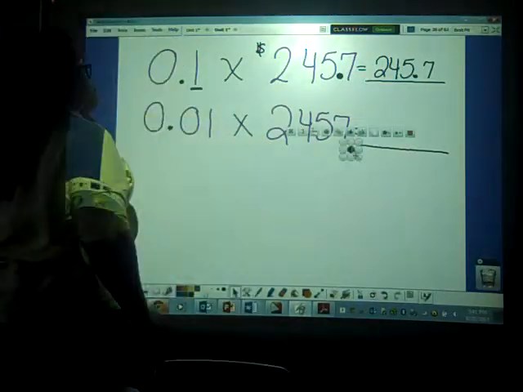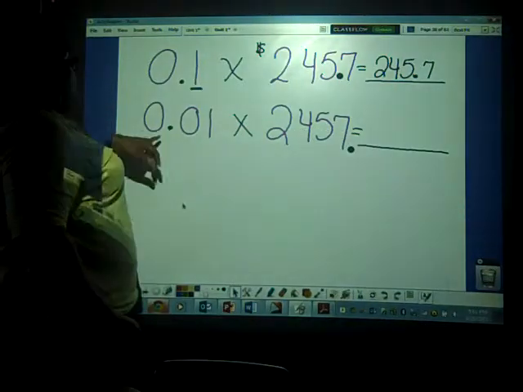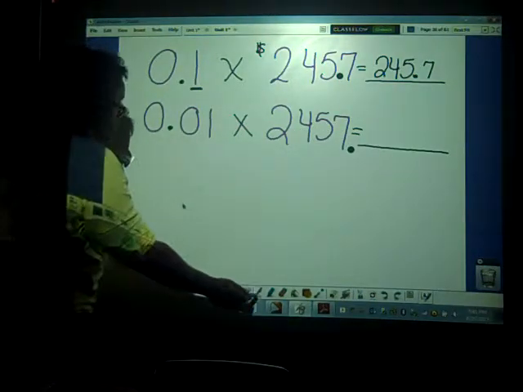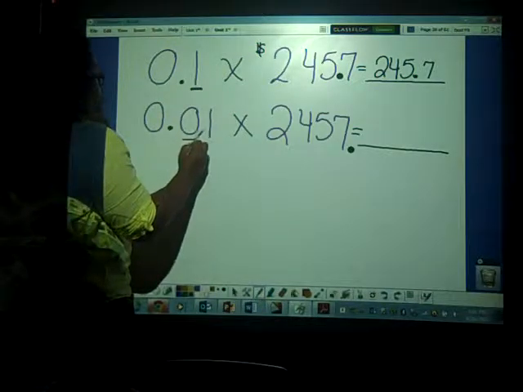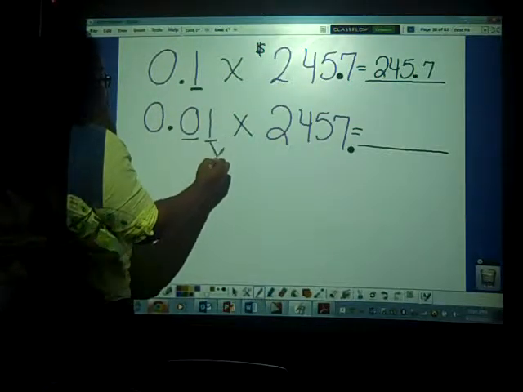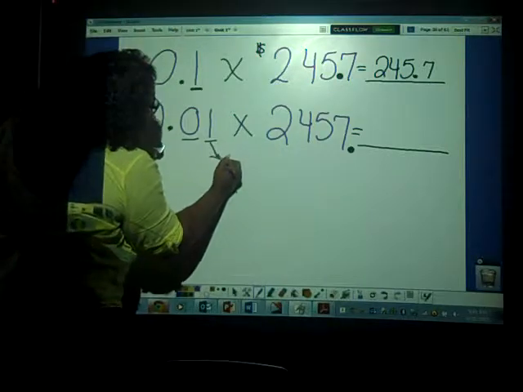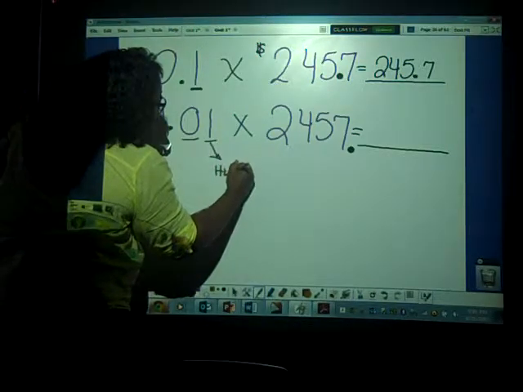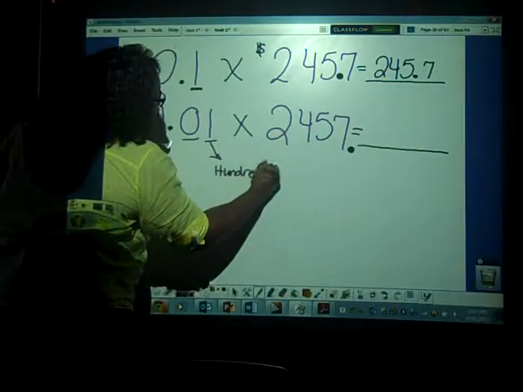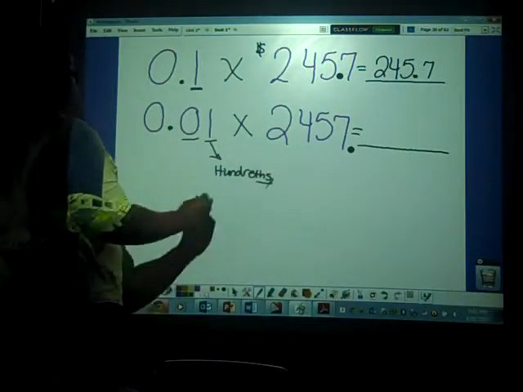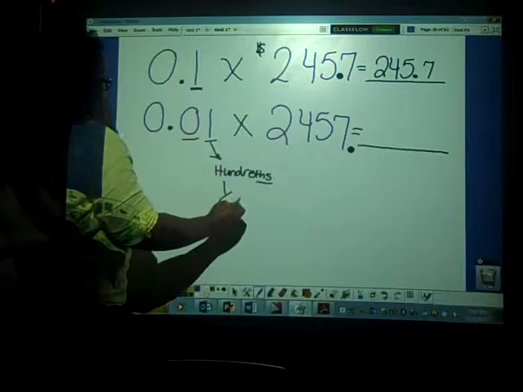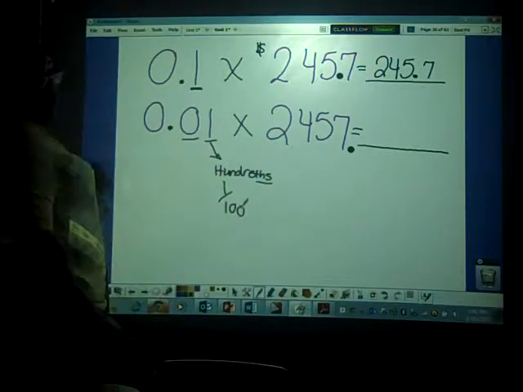Now, I have 100th. The zero's in the tenths, the 1 is in the hundredths place. So as a fraction, that's the hundredths place.